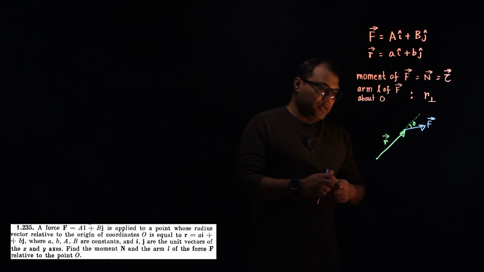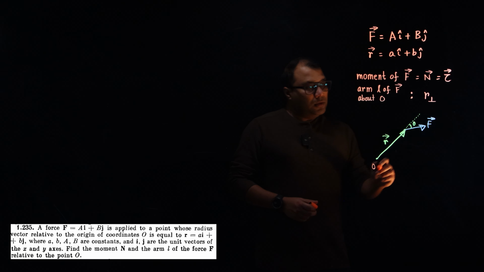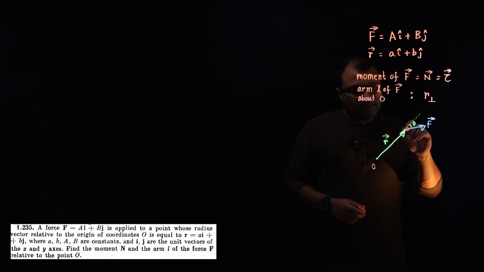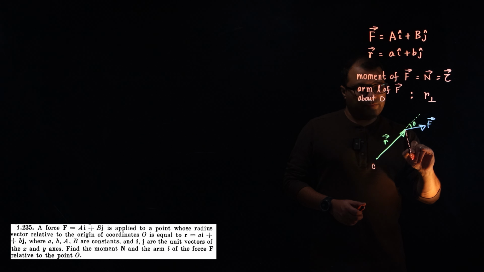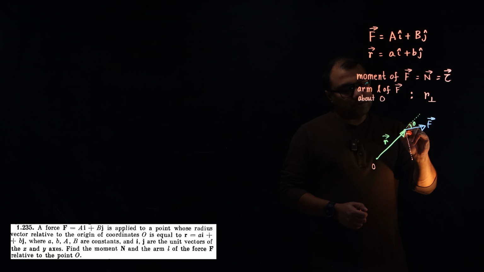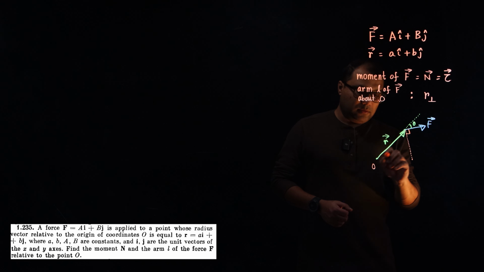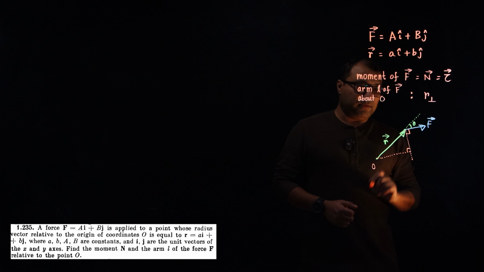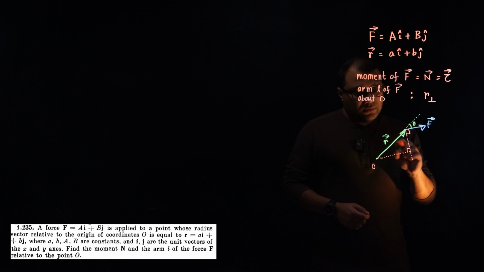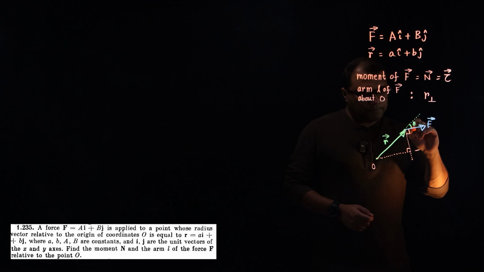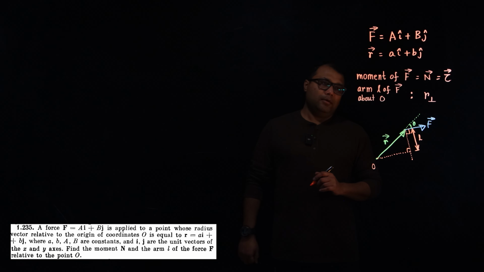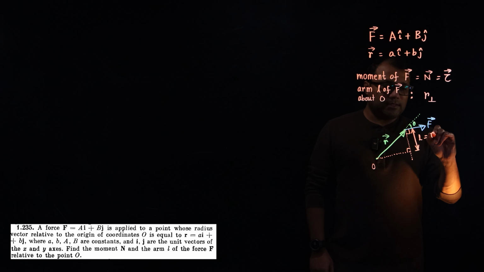But what is R perpendicular? This is O. So the arm of F is, if I drop a perpendicular to this force F, and then if I also drop another perpendicular from O like this, this length is the arm of the force L. I also represent it as R perpendicular.